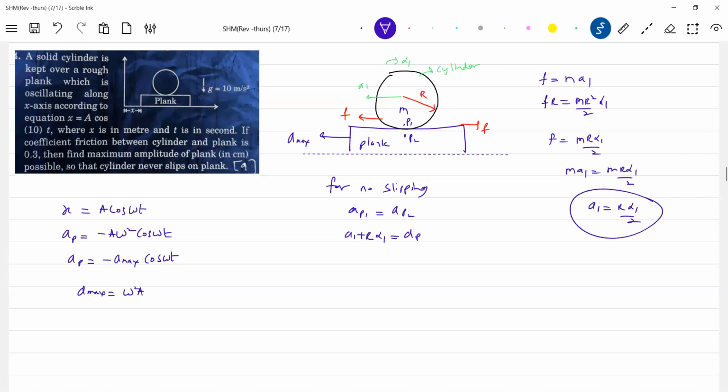So altogether this will become... the problem is not yet over. I will take help of this equation and substitute that.